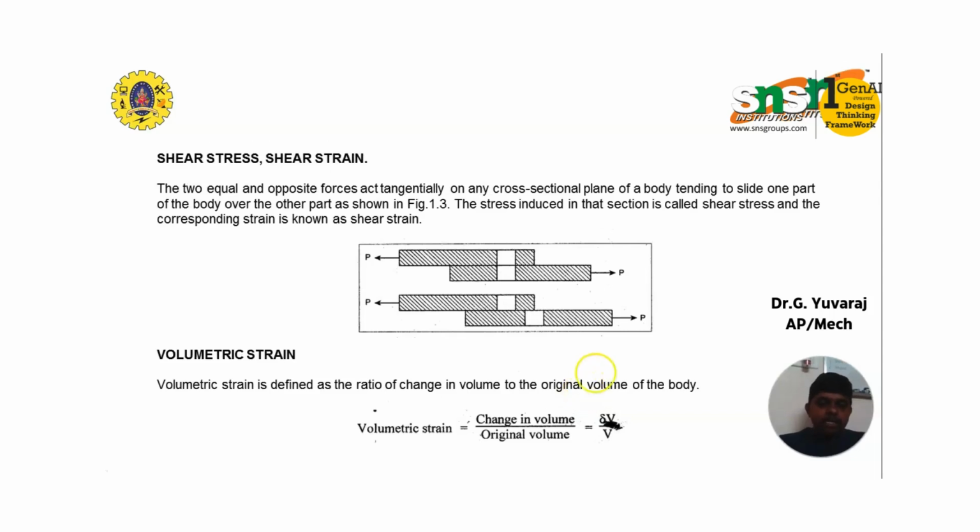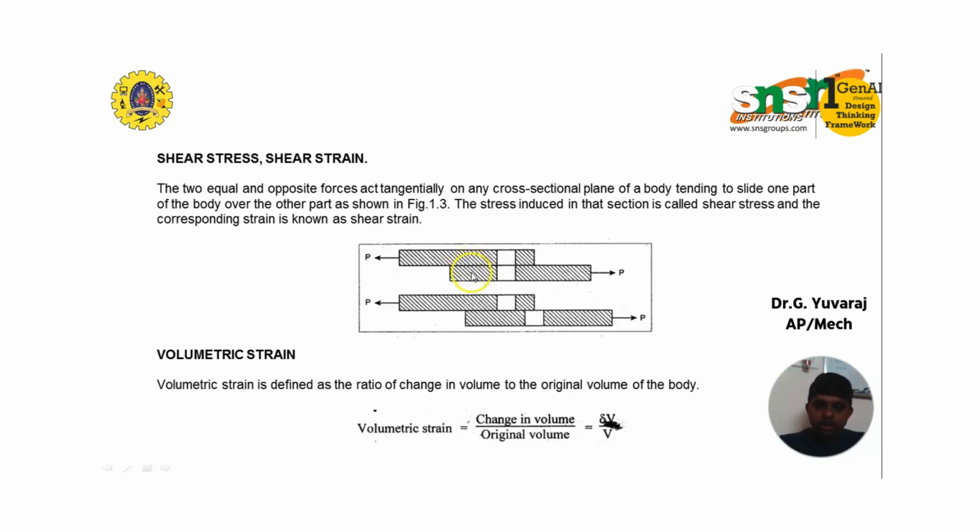Now shear stress and shear strain. Whenever the axial pull is applied to the part, either in the left direction or the right direction, the cross sectional area tends to slide one part of the body over the other part.